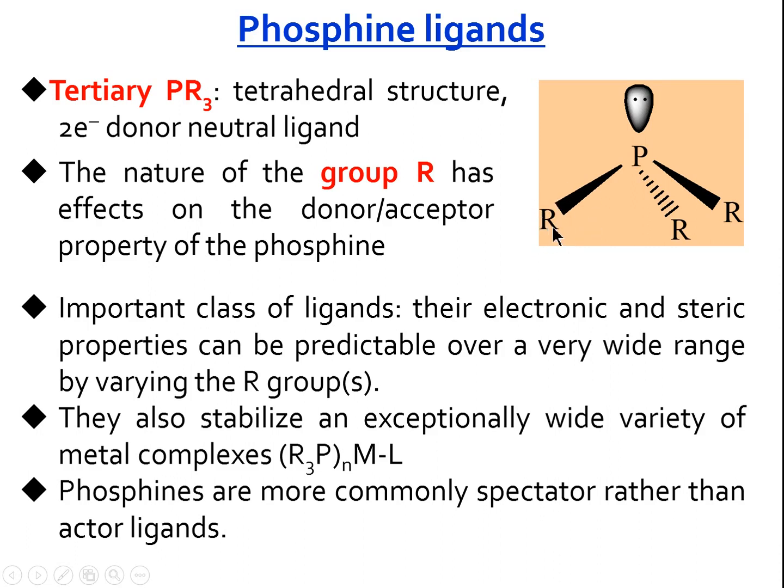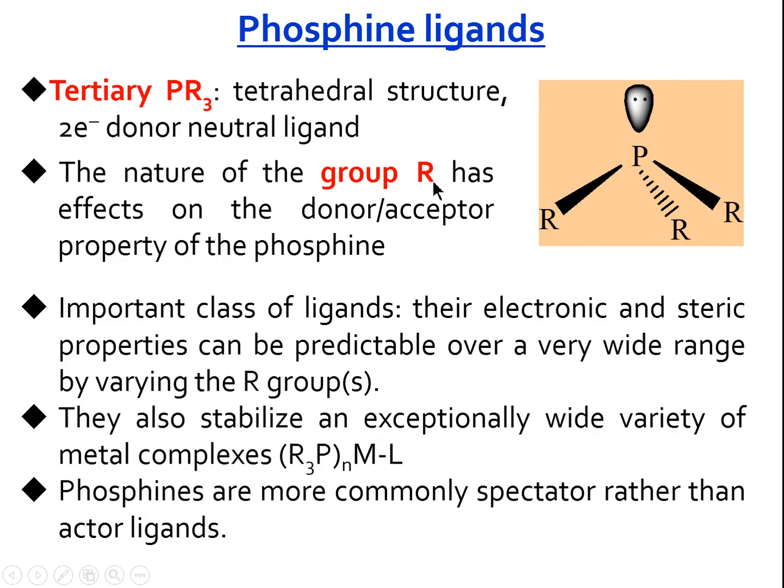Another factor in phosphine is the steric effect of the R groups. When R is a bulky group, or PR3 is a bulky ligand, the donation from phosphorus will be weak.